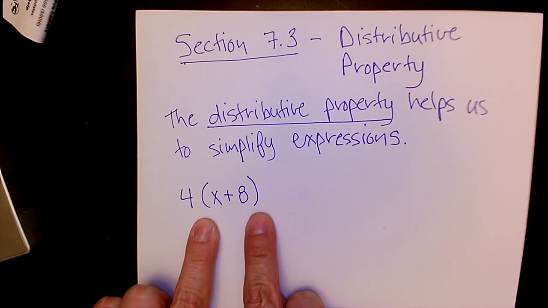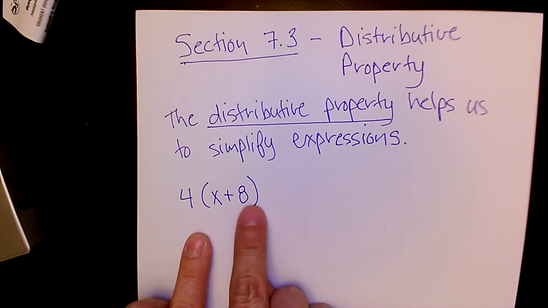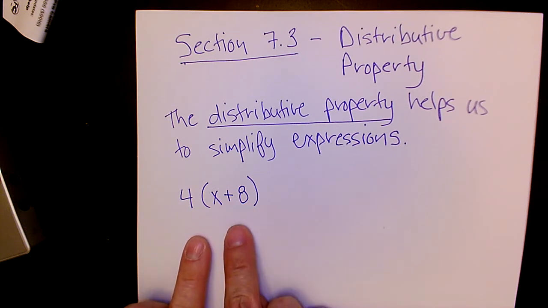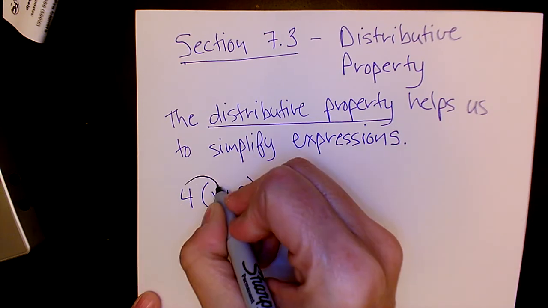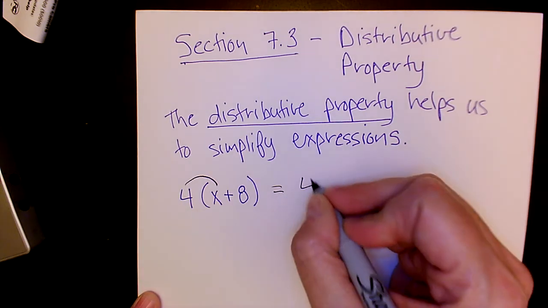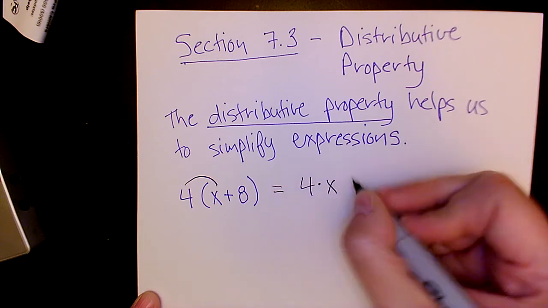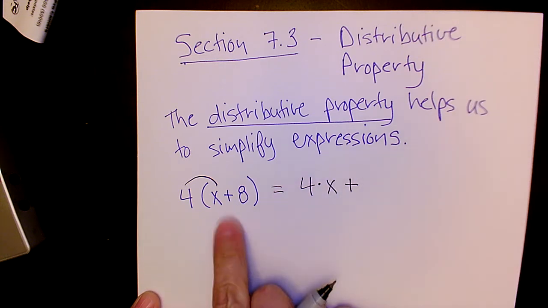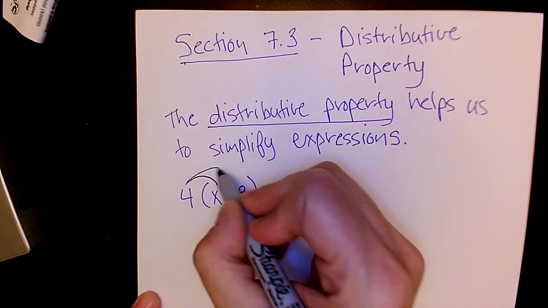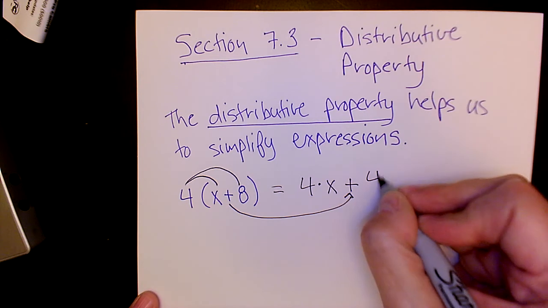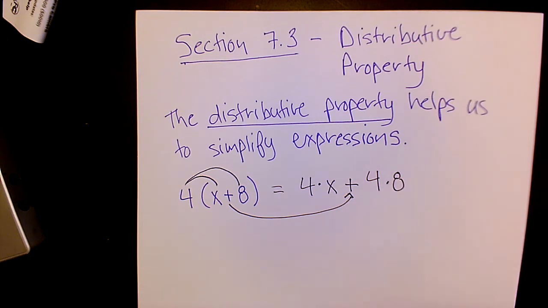Because of these parentheses here around this expression, I am going to multiply. And what I'm going to do is multiply the 4 times the x, bring this plus over, and then take the 4 times the 8.